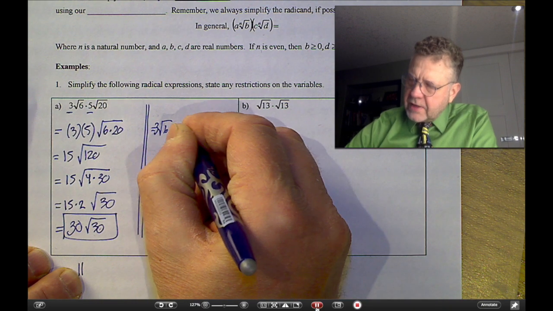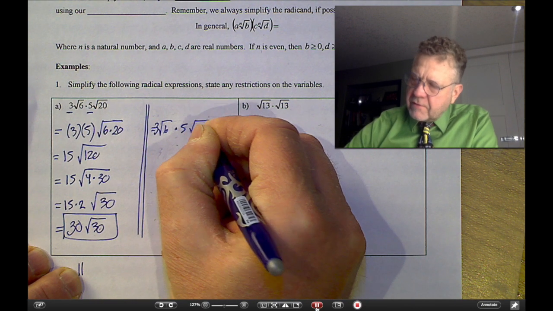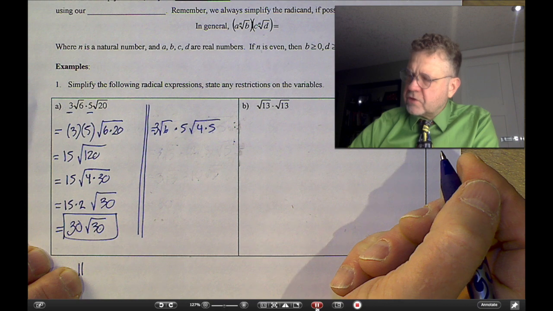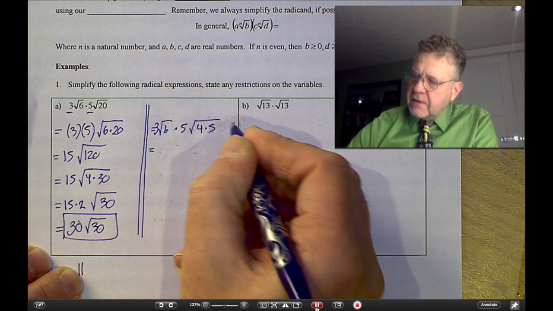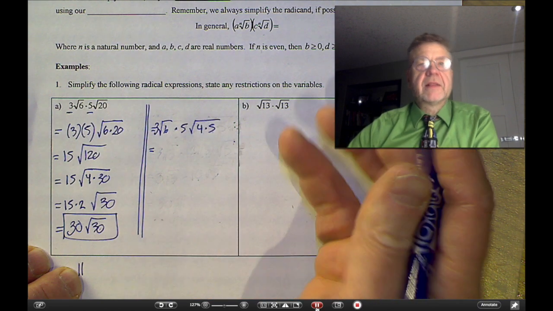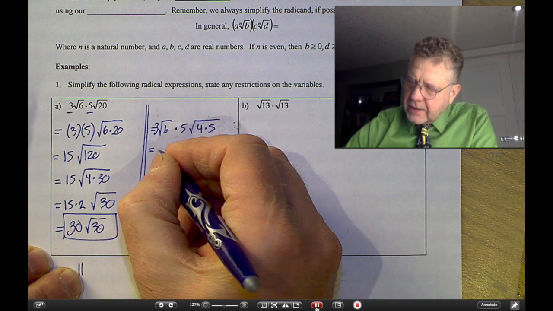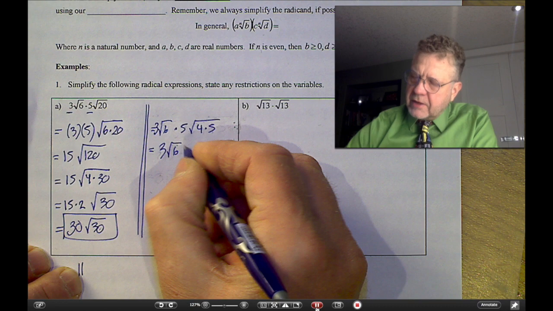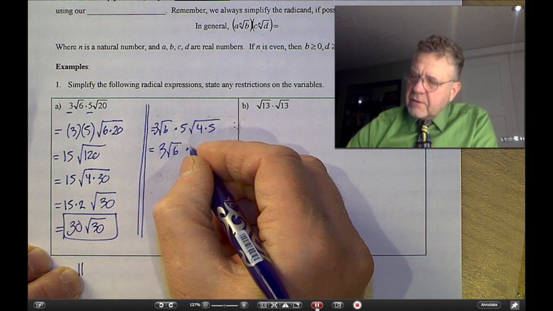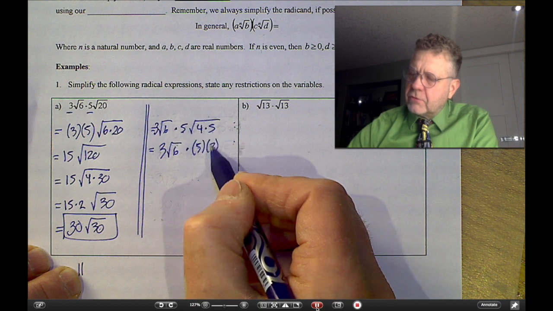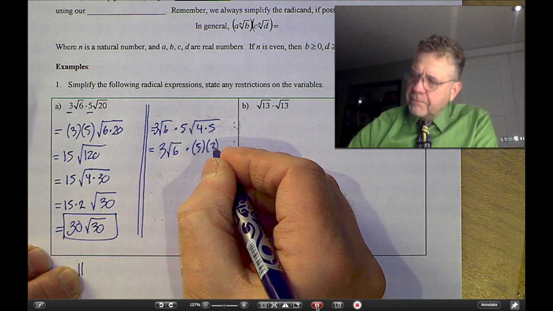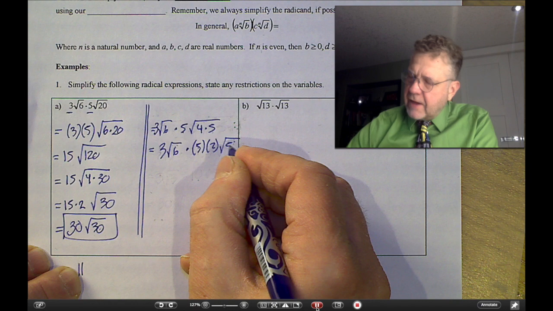So 5 root 20 is the same as 5 root 4 times 5, yeah? Sure, because 4 times 5 is 20, you get back to the original. All right? And then if I bring the 4 out, I'm going to take the square root of that. That's going to become 2. So I'm going to get 3 root 6, still keeping that in our pocket, times 5 times 2. There's the 5, and the 2 comes from taking the square root of 4, root 5.